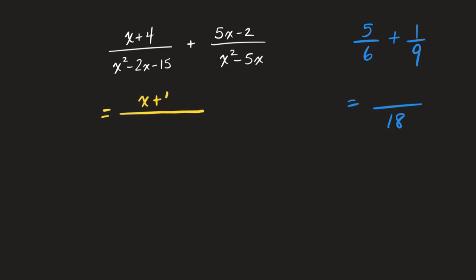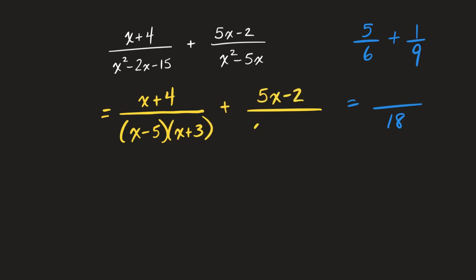My top is an x plus 4. But on the bottom, if I was to factor that trinomial, I notice I would get that. And if I was to look at the components or factors of the other denominator, now I can see what's in there.